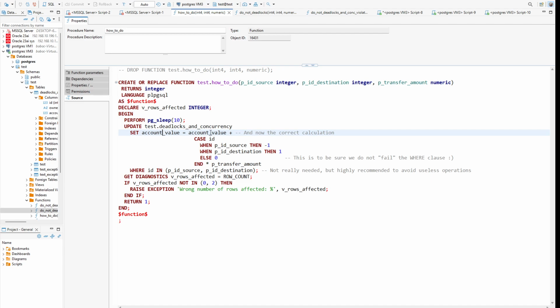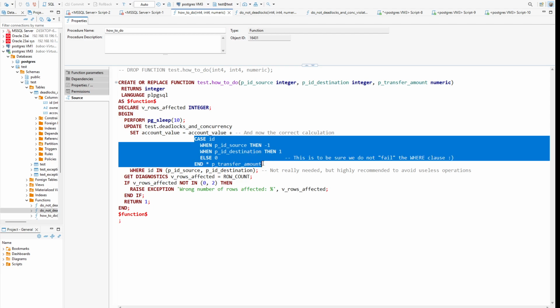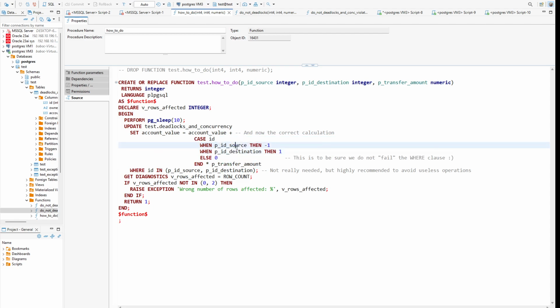Even if we do have 3 phases: the fetch phase, where we get the value from the table; we modify it by adding or subtracting the transfer amount depending on whether we are at the source or destination ID; and then we put the modified value back. We do all these things in a single SQL statement, and this is crucial, as you will see with the other 2 examples, which are definitely wrong.